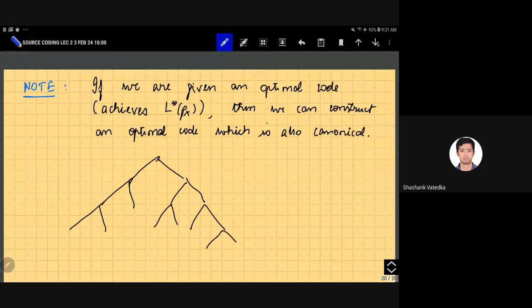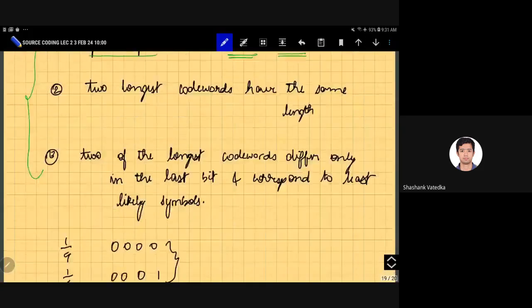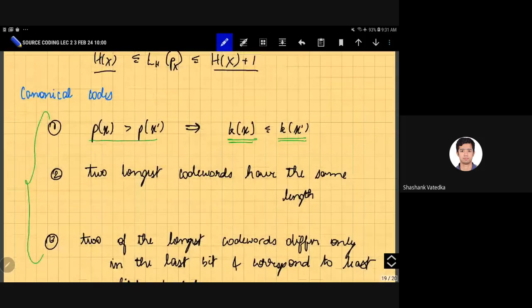Now suppose that we have an optimal code which does not satisfy property one. I claim that this is impossible. So if a code is optimal, then it must necessarily satisfy property one. Can you tell me why?